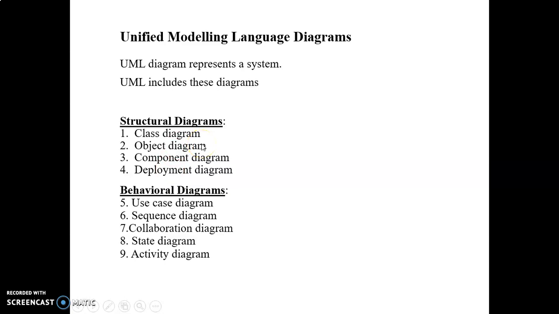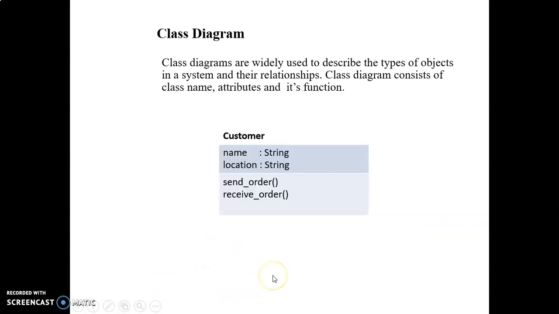Under structural diagrams, there are four diagrams: class diagram, object diagram, component diagram, and deployment diagram. In behavioral diagrams, we have another five: use case diagram, sequence diagram, collaboration diagram, state diagram, and activity diagram.